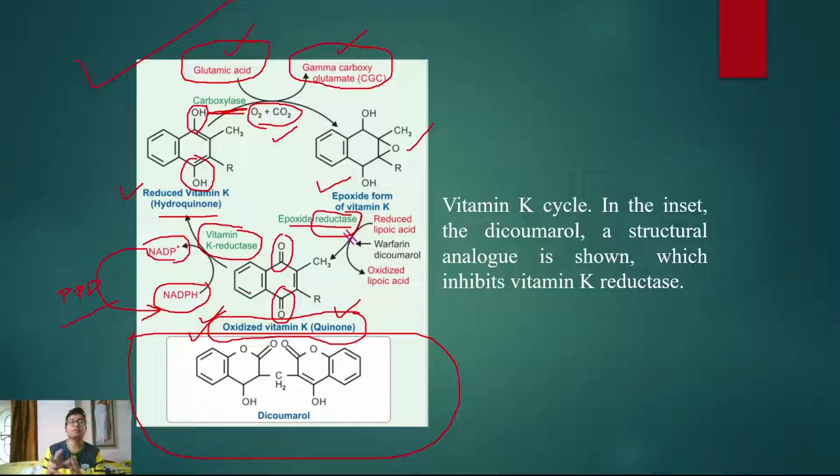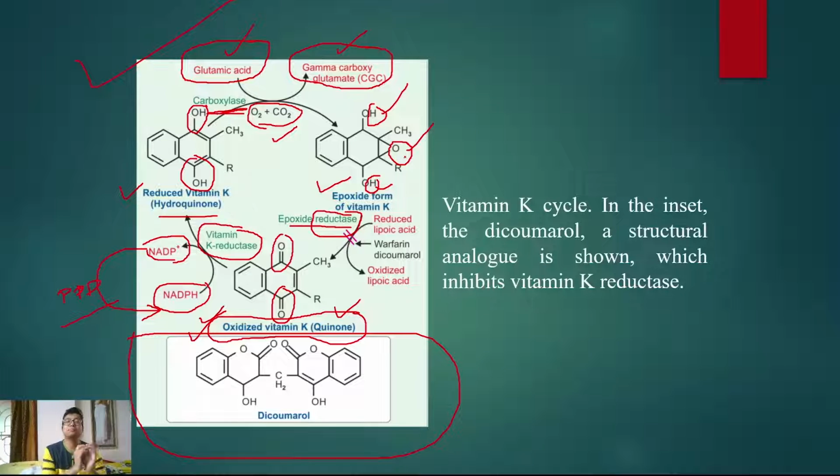From the epoxide form, this one oxygen is getting lost, so it is actually reduction. So epoxide reductase takes these H2 and this oxygen and makes a water molecule which goes out. If you check the valency and the electronic configuration, you will see epoxide reductase is doing reduction.